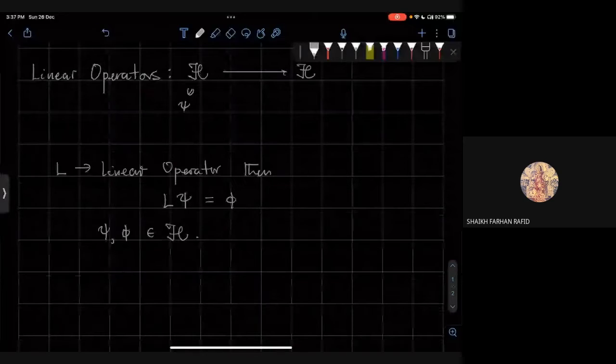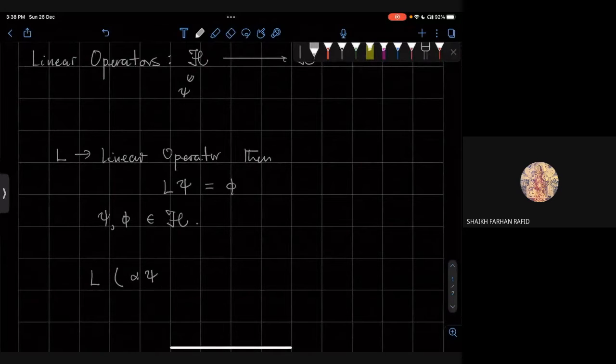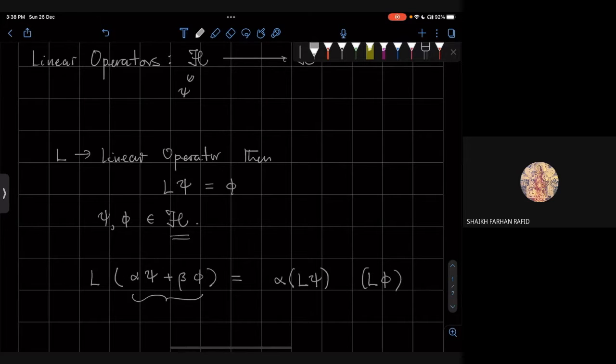And linearity means that if I have L acting on a linear combination of states, say alpha psi plus beta phi, where alpha is a constant, psi is a state, beta is a complex constant, and phi is another state, this is a state in my Hilbert space H. Now, the linear operator acting on this linear combination would be the same as if you act with the linear operator on psi, and act with the linear operator on phi, multiply the first by alpha, multiply the latter by beta, and add them. So this is what linearity means.